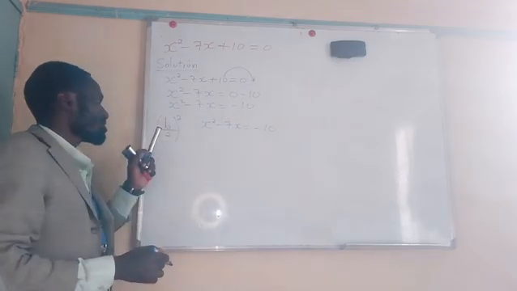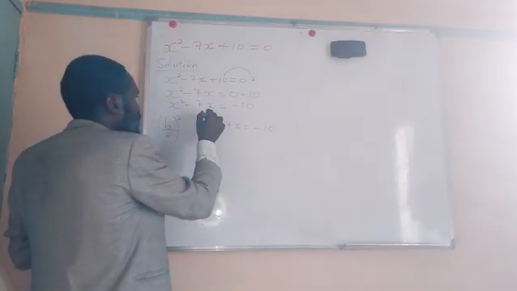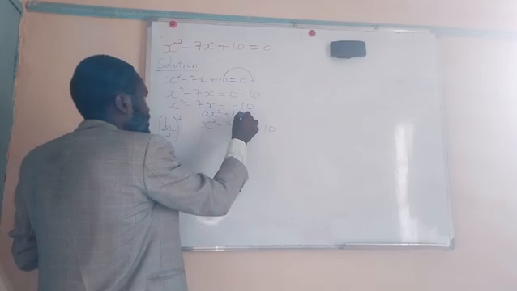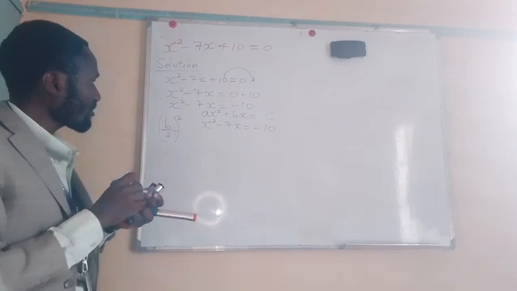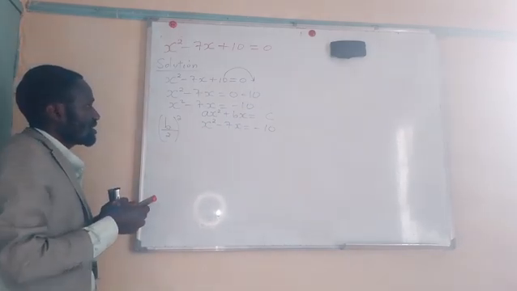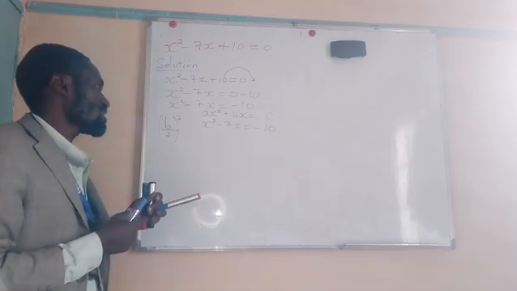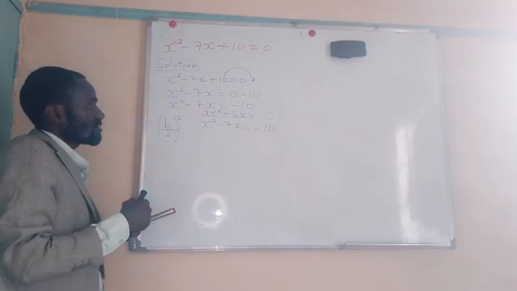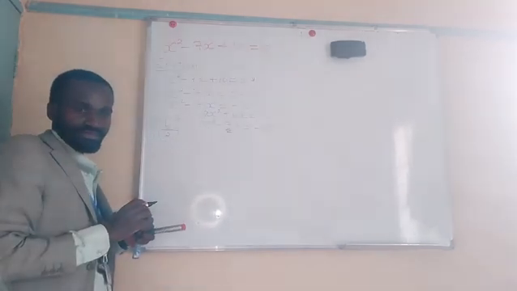I know very well this equation is in the form ax squared plus bx is equal to c. So it is always in the form of a quadratic. Writing that, you can get the value of b, and with that, I think everyone can know that the value of b is 7.